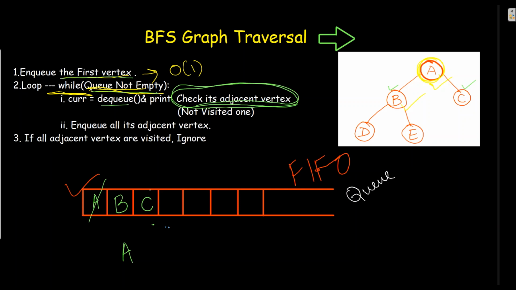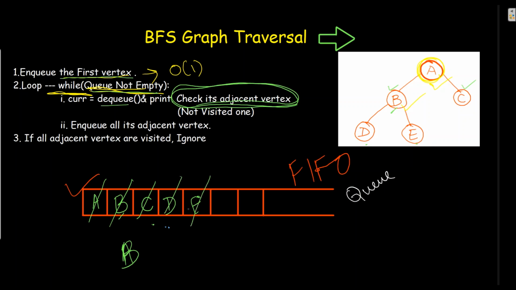Thereafter we'll be checking B. B has D and E, right? Then we'll check C. C doesn't have any neighbors which are not visited.